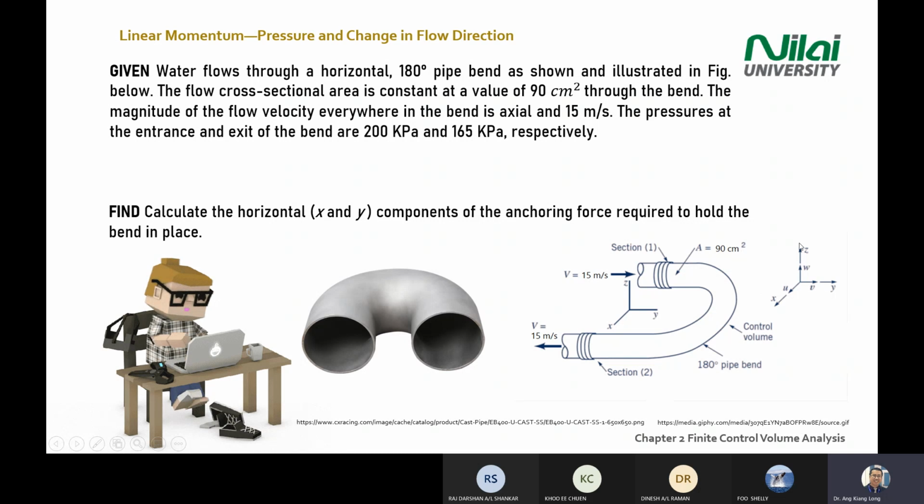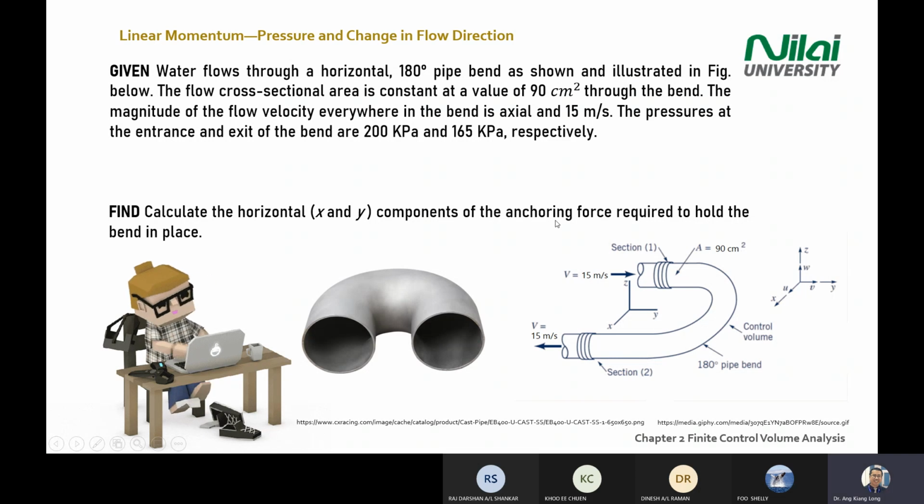To help you a little bit, there's a velocity vector diagram on the right hand corner. Just to remind you, X is U, for Y you use V for the velocity, and for Z you use W.